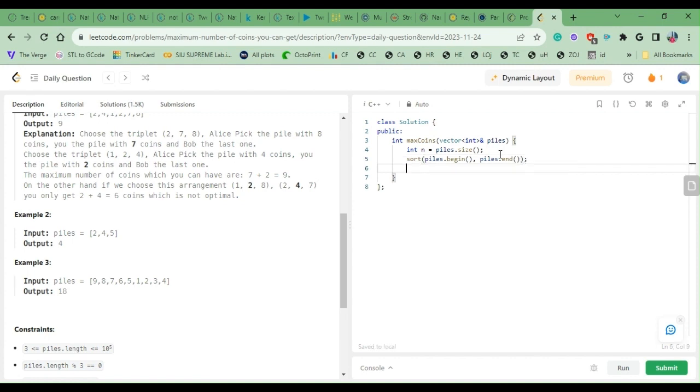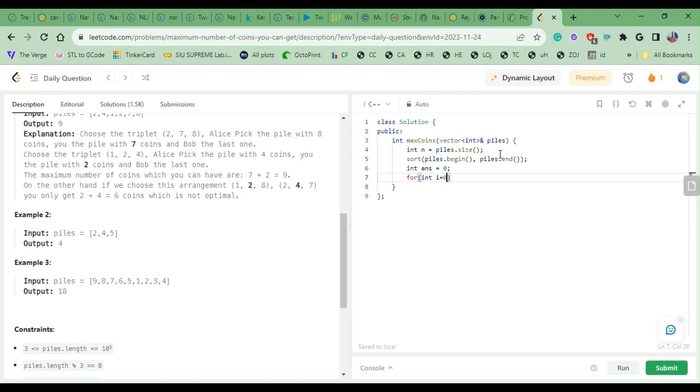Then we have to store the answer. So here is the answer, I put 0 here, and I'm also writing a for loop.